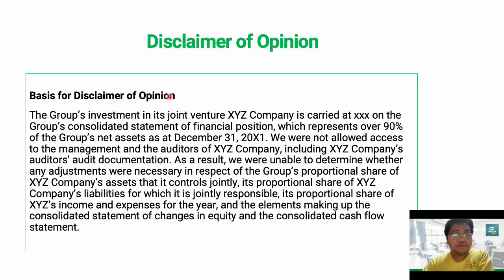And then in the basis for disclaimer of opinion, we will explain the reason why we disclaim our opinion, and we will not mention that we have obtained sufficient and appropriate evidence because we have not. And remember, another change would be the auditor's responsibility paragraph. The auditor's responsibility paragraph will be replaced by the two paragraphs that we discussed in the previous slide. Okay?